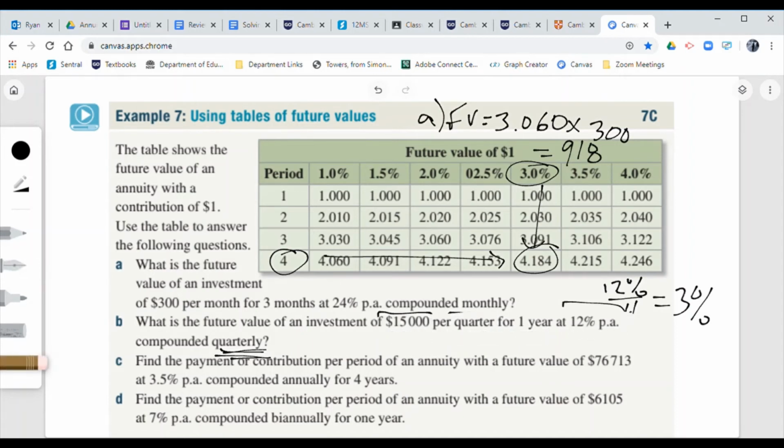Future value equals $15,000 multiplied by 4.184, which we got from our intersection point. And I can just take a second on my calculator. 15,000 times 4.184 to get 62,000. Oops, that's not that 2.